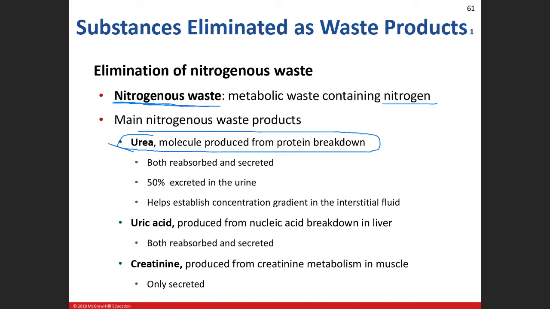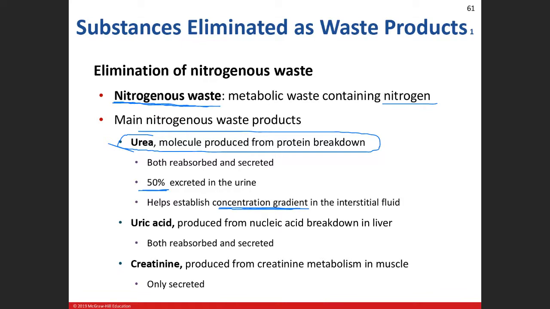With urea, we're going to see both secretion and resorption, but about 50% of it we're going to get rid of in our urine, which is a very good percentage. But part of our ability to get rid of urea is that we have to establish a concentration gradient.